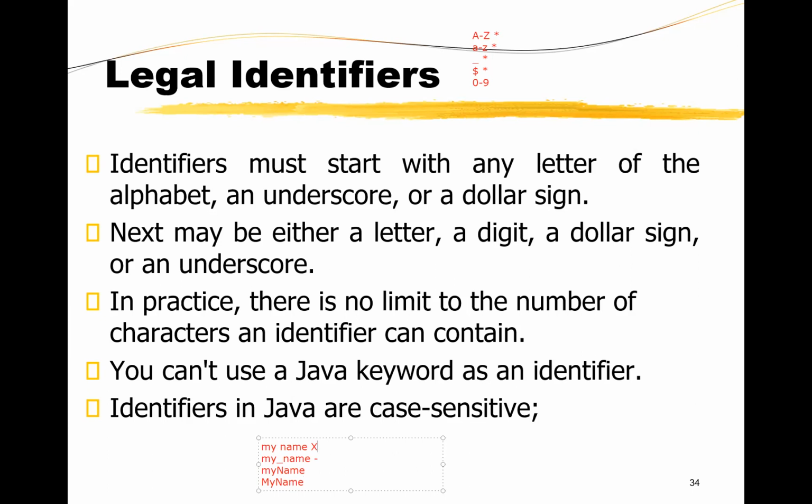Because most of the languages, even Java, interpret each word as a completely separate thing, or as a single unit. So my is one value and name is another value, and it will separate them from each other, because there's a space character in between. Therefore, you will get an error. In order to get rid of this error, you can use the naming conventions.